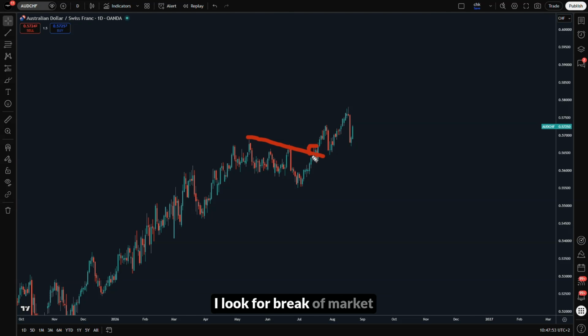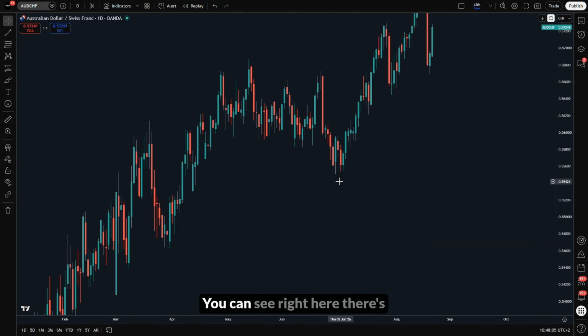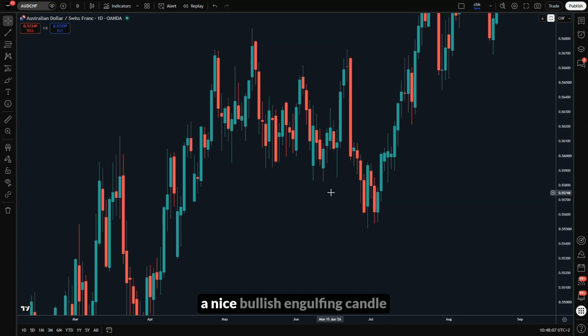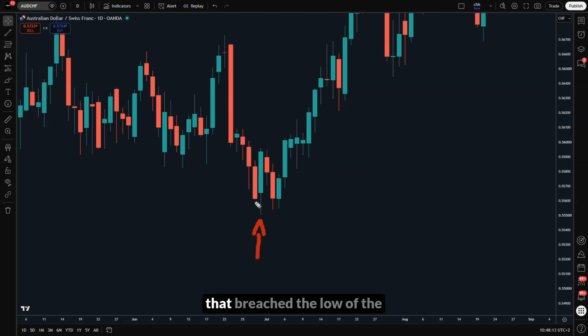I look for breaks of market structure like this. I look for bullish engulfing patterns like this one on the daily chart. You can see right here there's a nice bullish engulfing candle that breached the low of the previous candle and closed above the high of the previous candle. You simply long this.